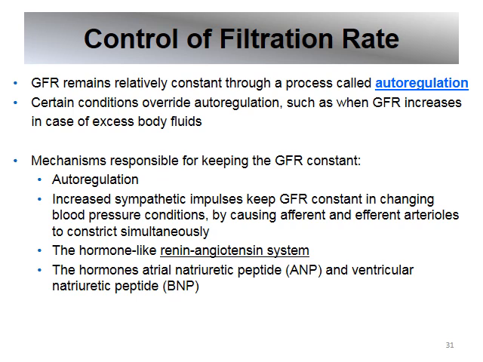We also have the hormone-like renin-angiotensin system, and then we also have the hormones atrial natriuretic peptide and ventricular natriuretic peptide. BNP we're not going to discuss. However, ANP is released in response to increased stretching of the atria of the heart.